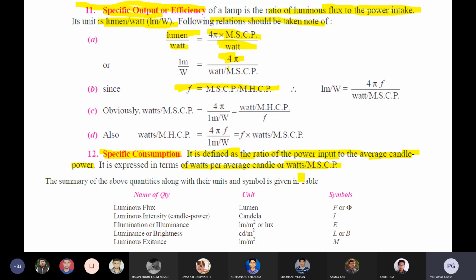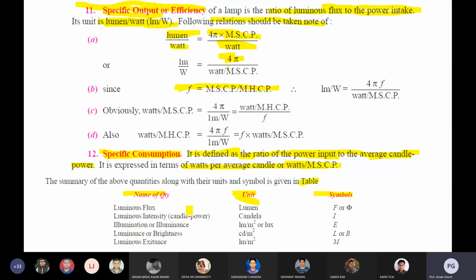Next, what are the basic quantities, their units and their symbols?